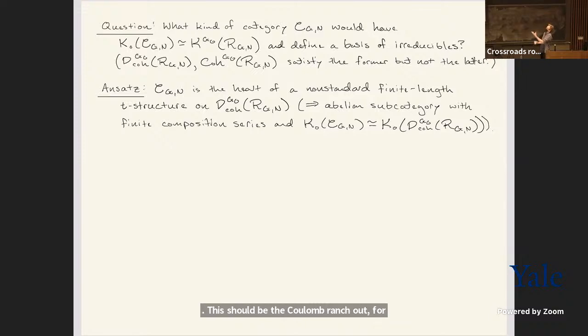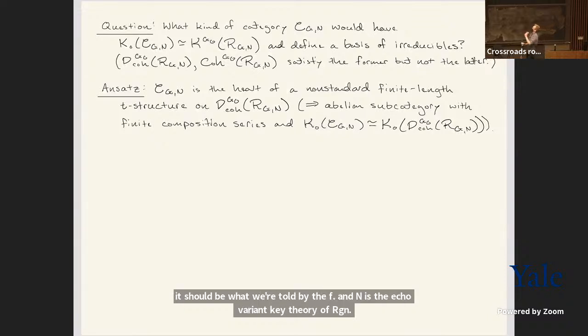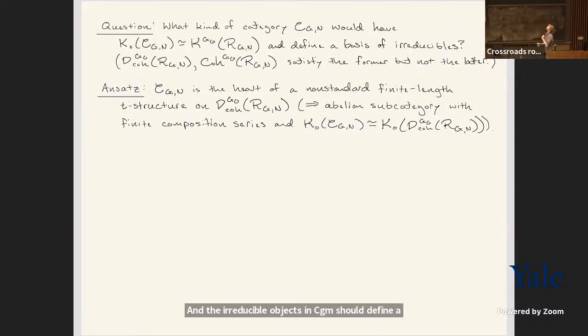So it should be, what we're told by BFN, the equivariant K theory of RGN. And the irreducible objects in CGN should define a basis in this Coulomb branch algebra. So the natural mathematical guess from the point of view of homological algebra is that CGN should be the heart of a non-standard T structure, a finite length T structure on the derived category of coherent sheaves on RGN.